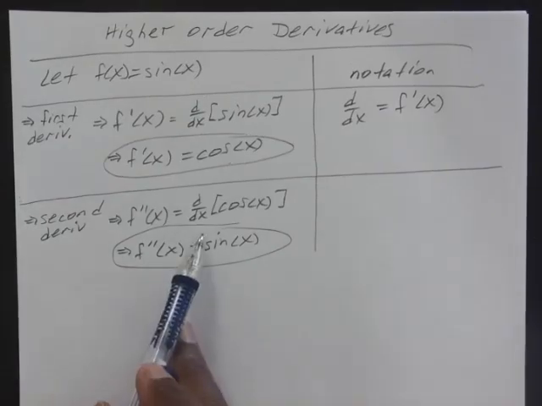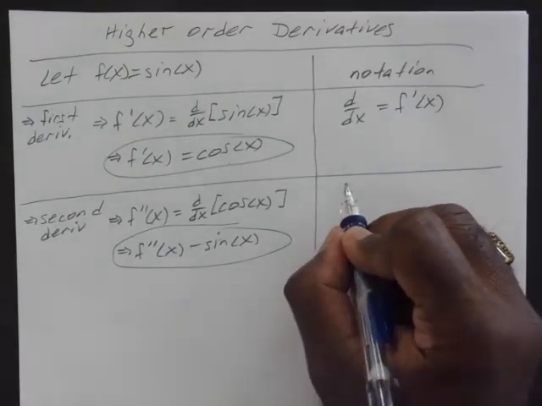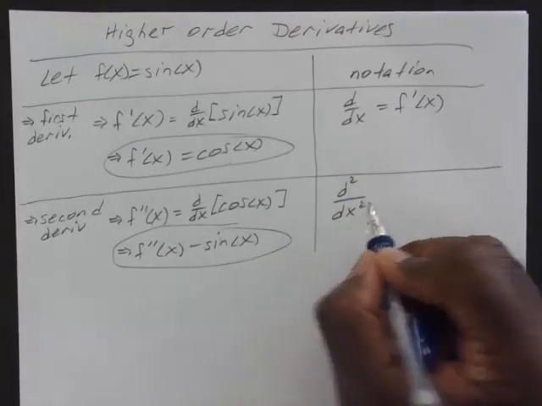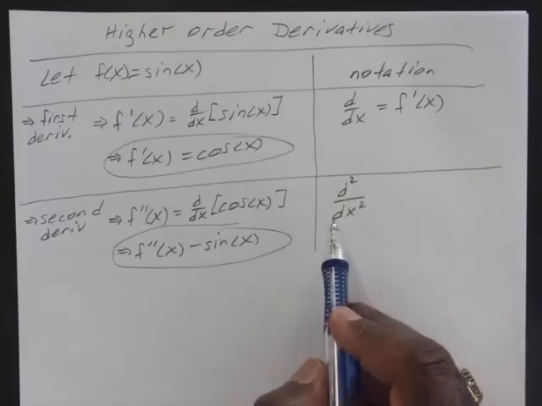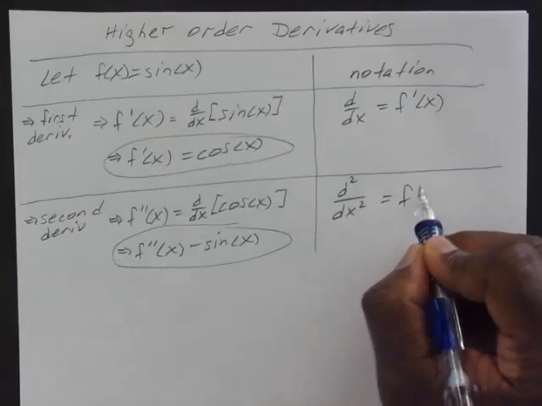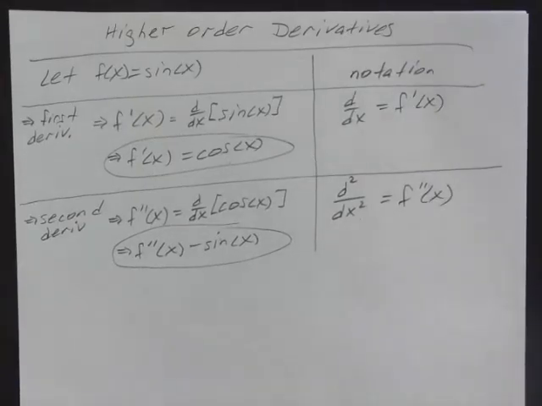Okay. Now the second derivative notation kind of looks like this: the second derivative with respect to x. Or you might just see that notation.